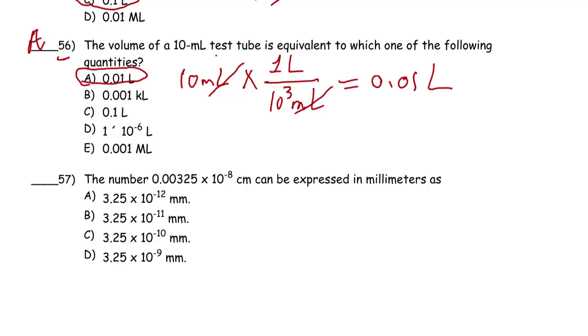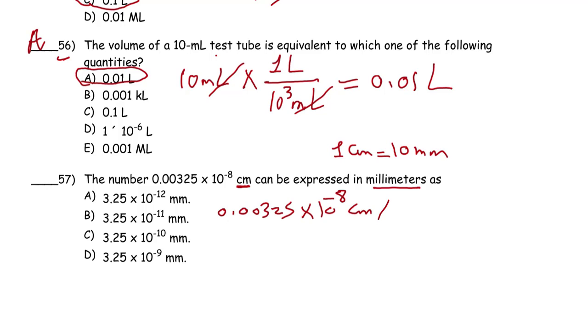For 57, this number can be expressed in millimeter instead of centimeter. You know that 1 centimeter equals 10 millimeter. So 0.00325 times 10 power negative 8 centimeter times 10 millimeter per 1 centimeter equals 0.00325 times 10 power negative 8 times 10 power 1, 10 power negative 7, right?